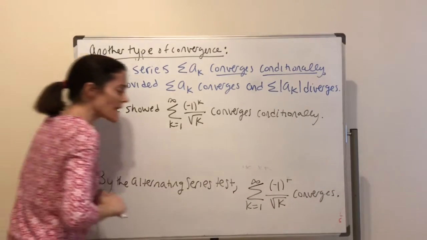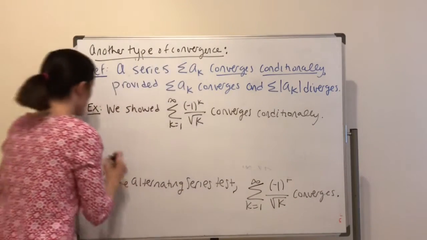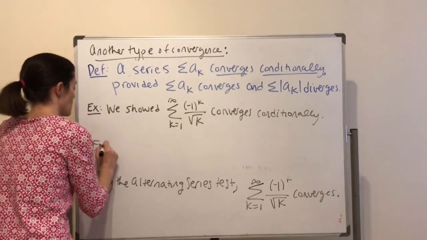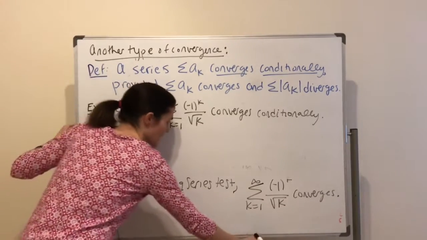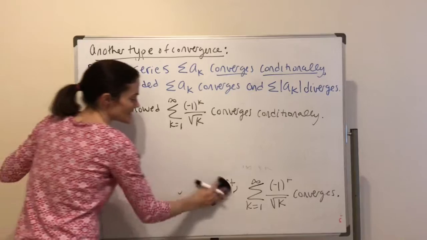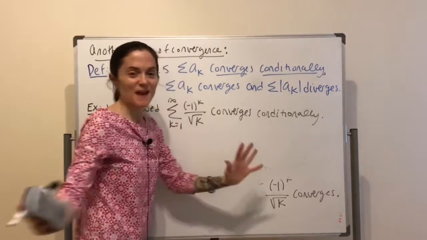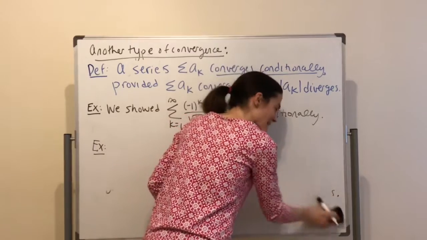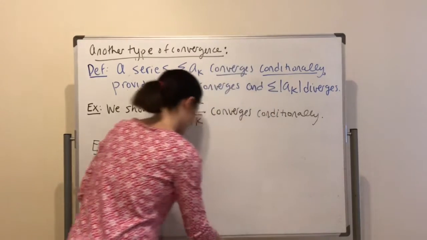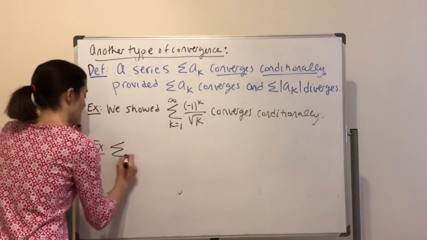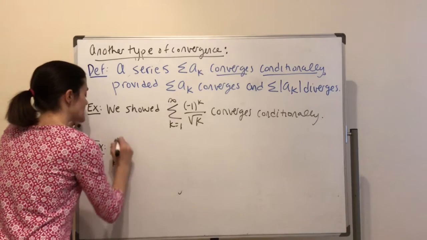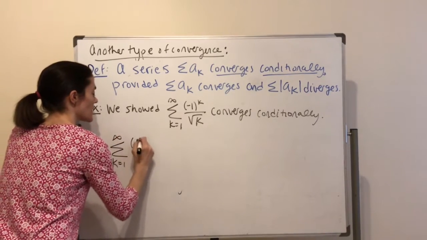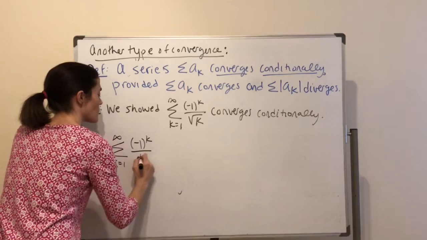Let me get a better black marker. Okay, what's another example of a series that converges conditionally? And we know this example is famous. It's about to get more famous. Okay, harmonic series. Except we need it alternating. (-1)^k over k.